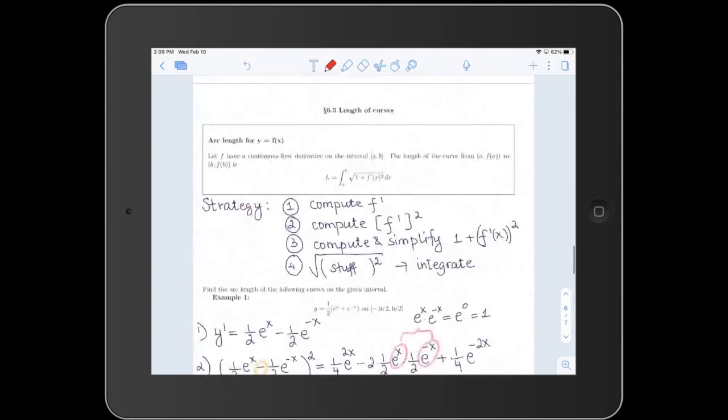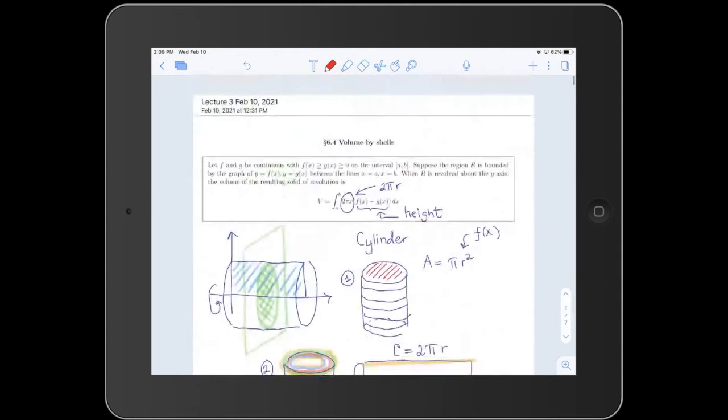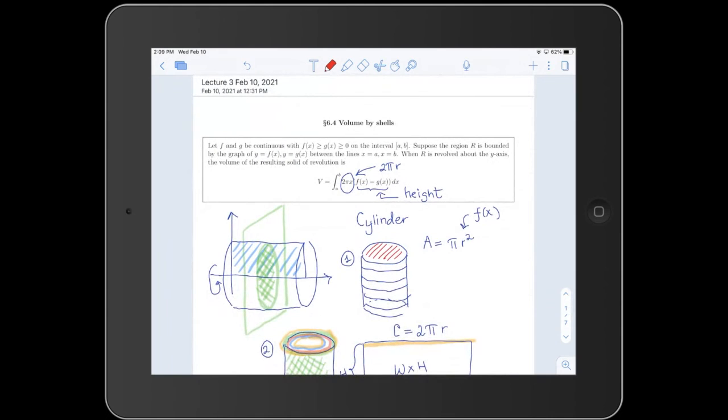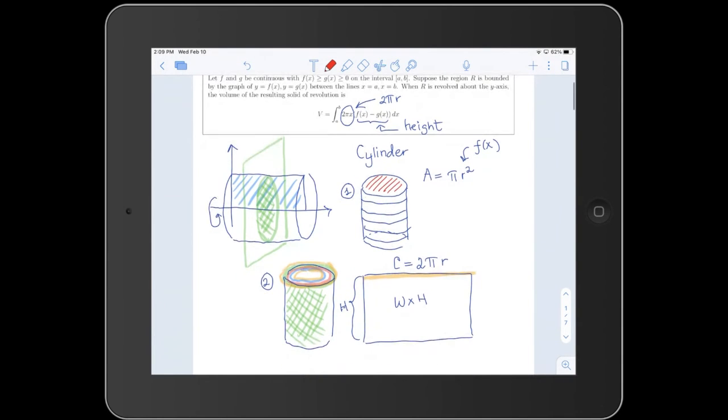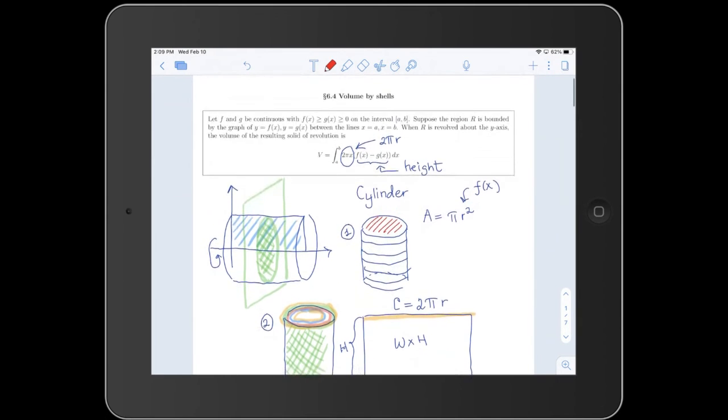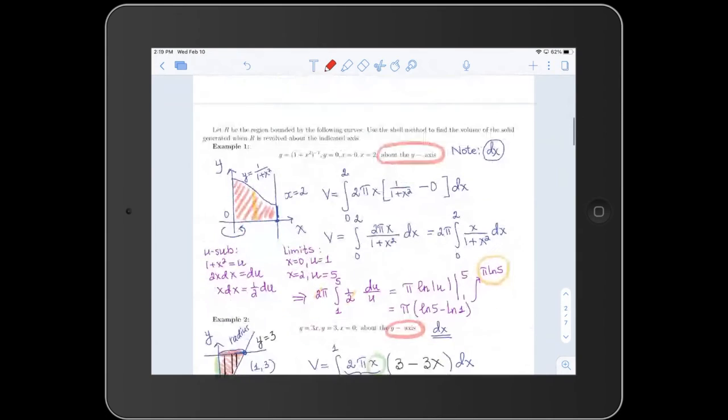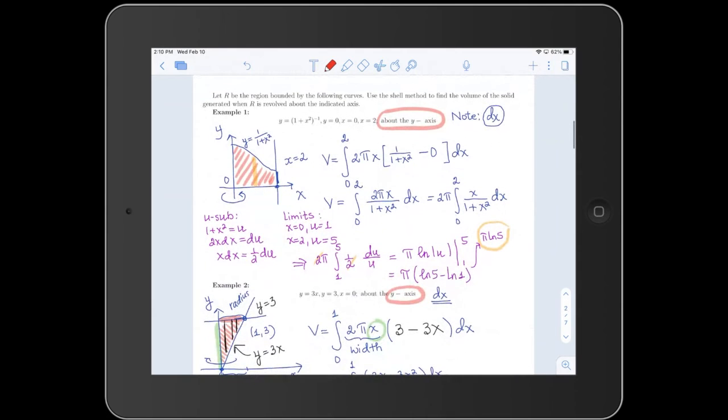All right, so let's review what we've done today. We talked about the volume by shells method, the fundamental difference from what we've been doing with the disk and washer method, and how that's different from this new method, volume by shells. We took a look at 2 examples where we were rotating about the y-axis.